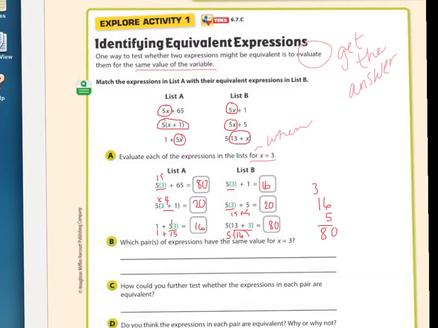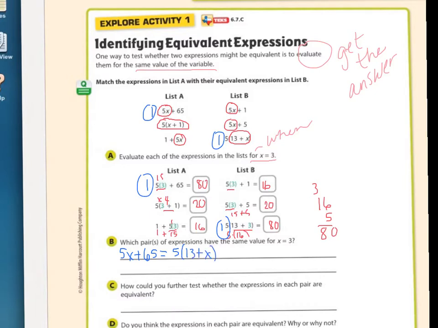Which pairs of expressions have the same value for x equals 3? Let's start with this one here. 5x plus 65 was 80, and that's equal to this one right here. So we can say 5x plus 65 is equal to 5 times 13 plus x.